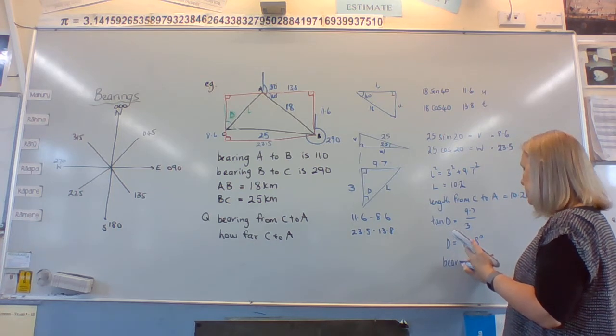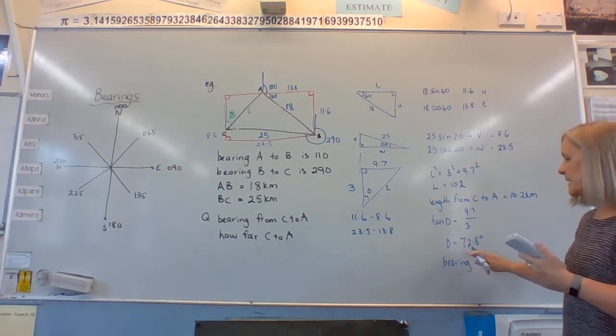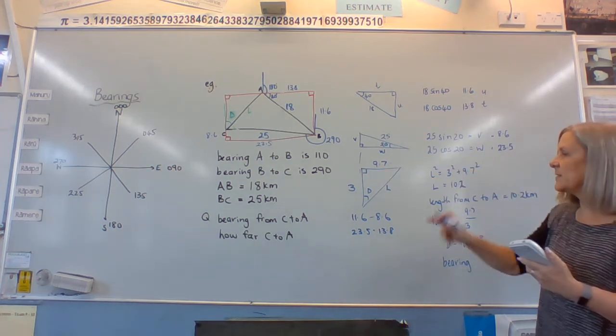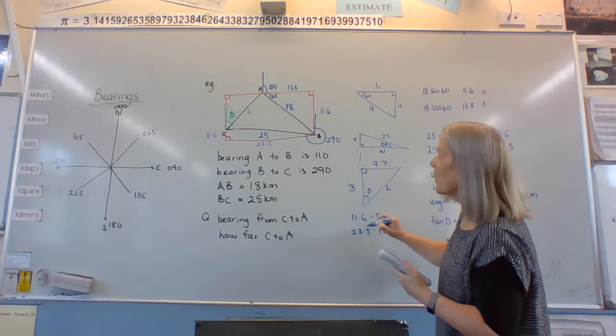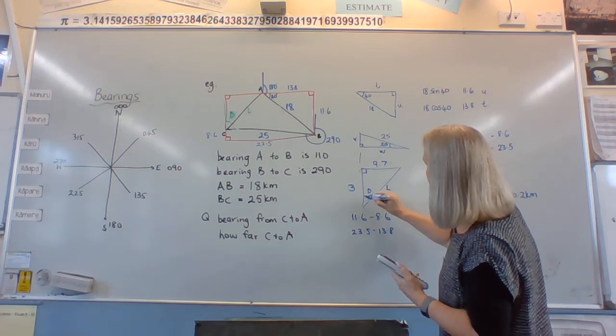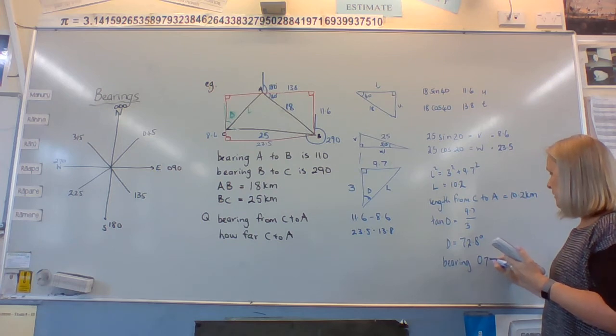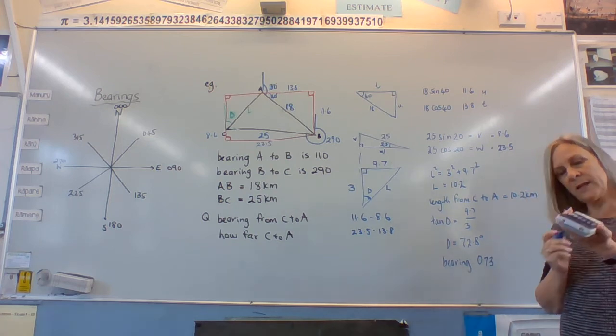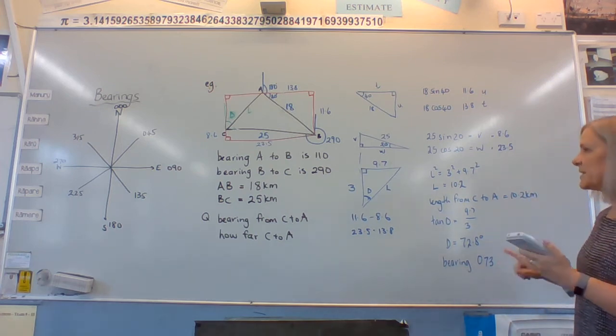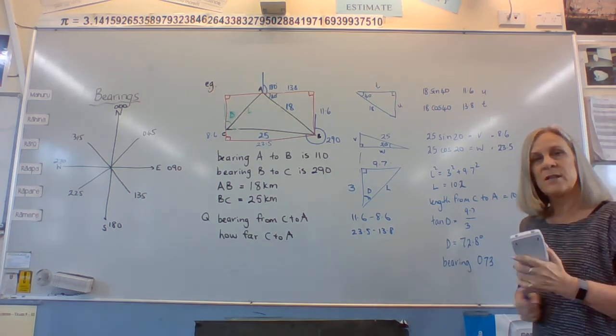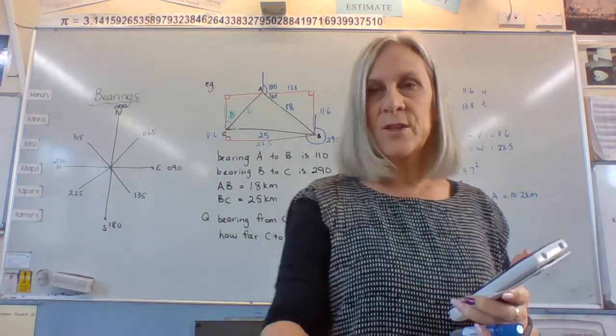So the bearing is, now do we have to add that on to 270? Oh no, we don't, it's just that much there. So 073. That's the angle, 073 because it's 3 digits. Okay, so I hope that helps you answer those sort of questions.